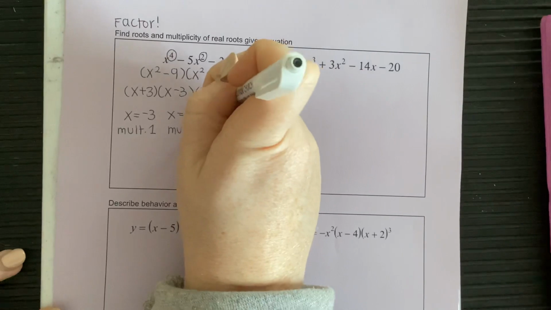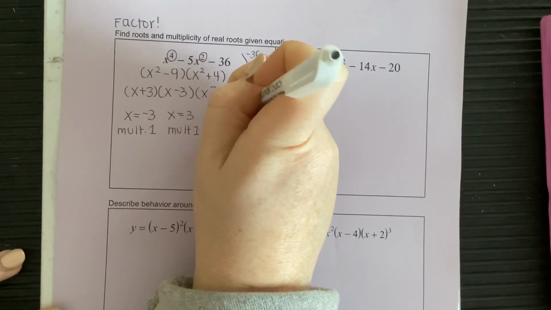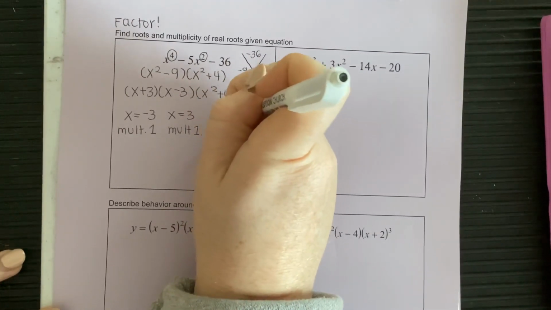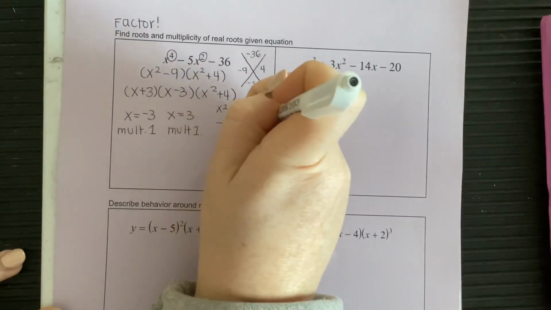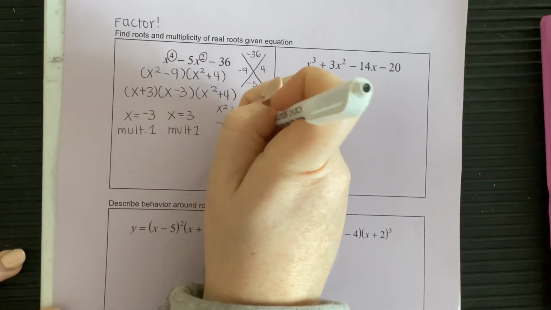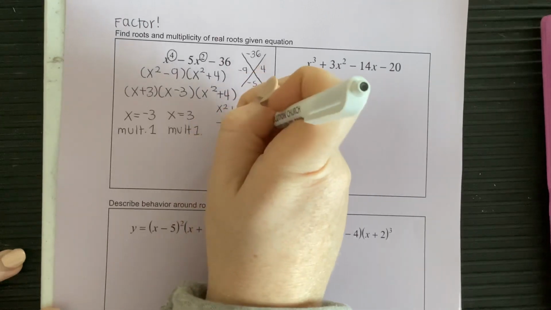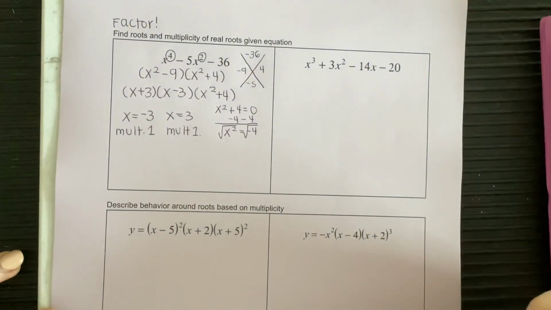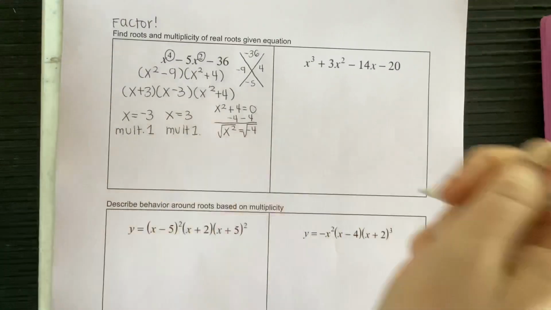Last one, if I set this equal to 0, x squared plus 4 is equal to 0, I would subtract 4, and I'd get x squared equals negative 4, square root both sides. If you take the square root of a negative, remember that's your i's.